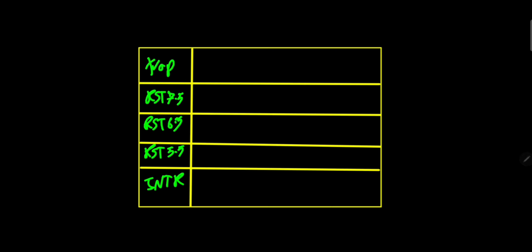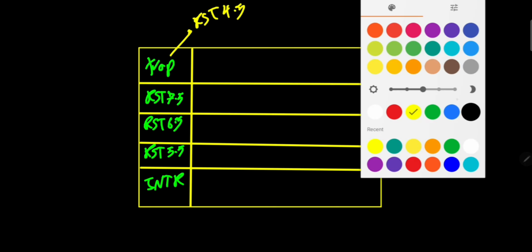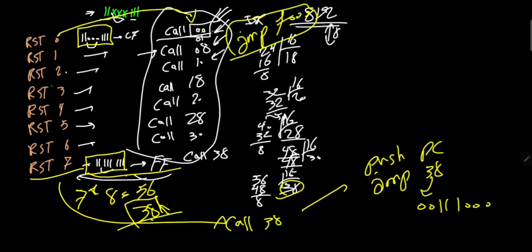Now, these interrupts are called software interrupts, as opposed to hardware interrupts. These five are called hardware interrupts: TRAP, which is sometimes called RST 4.5, then RST 7.5, 6.5, 5.5, and INTR. At first glance, you might say, well, you already explained that RST anything means a call to that argument times 8, that the value in the PC would be pushed onto the stack and the PC would be loaded with that argument times 8.